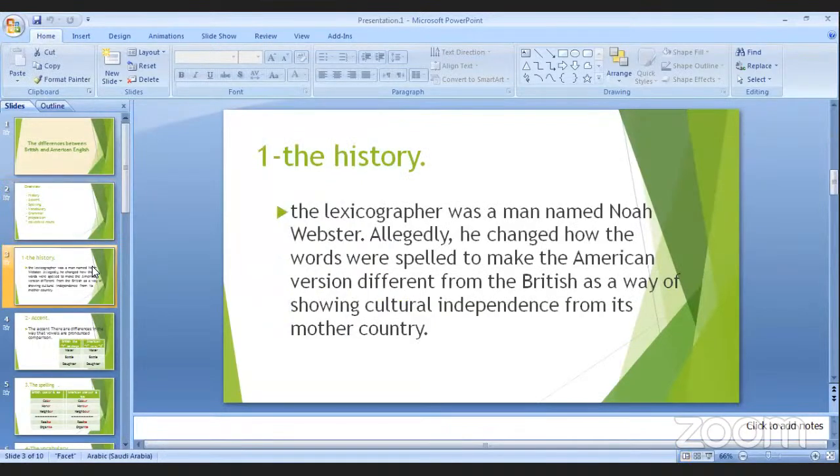Yeah, go ahead. The history: the lexicographer was named Noah Webster. Allegedly, he changed how the words were spelled to make the American version different from the British, as a way of showing cultural independence from its mother country. Right. Next.